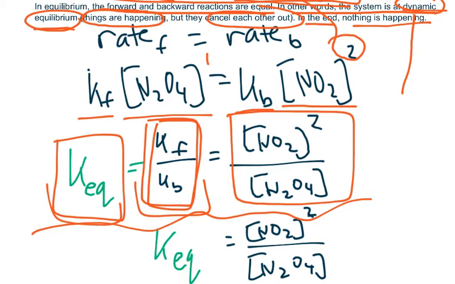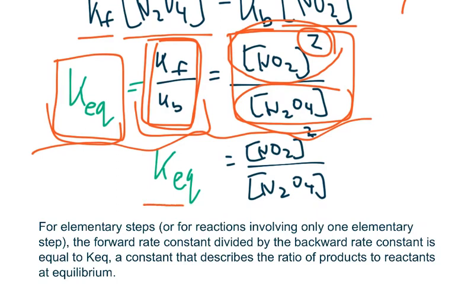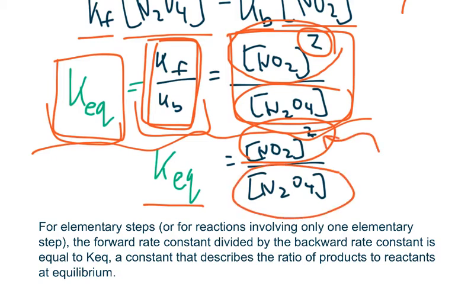It turns out that these are equal to the concentration of the products with the appropriate coefficients over the concentration of reactants. So, in the end, Keq is equal to the concentration of the products over the concentration of the reactants, but of course we have to include the orders as exponents.